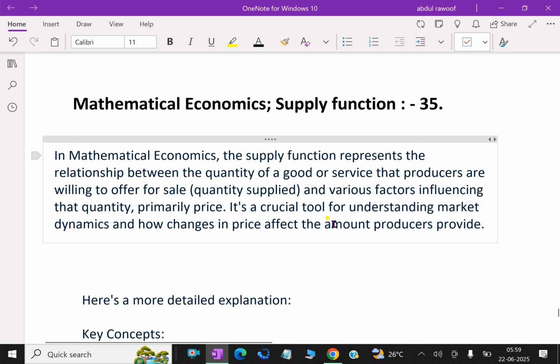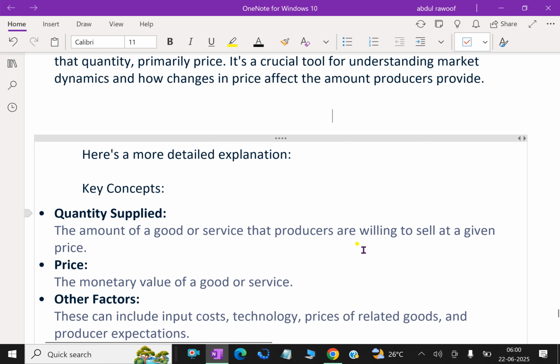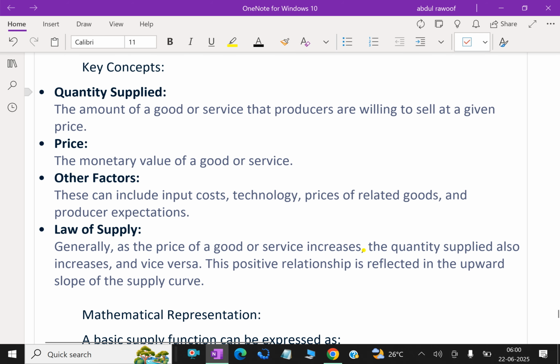It's a crucial tool for understanding market dynamics and how changes in price affect the amount producers provide. Now we'll discuss in further detail some key concepts of this supply function.